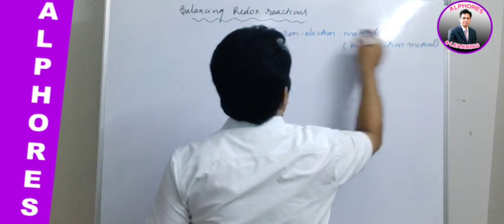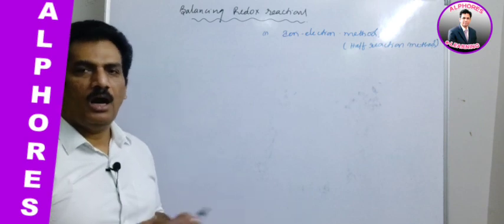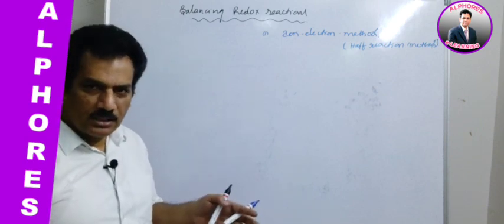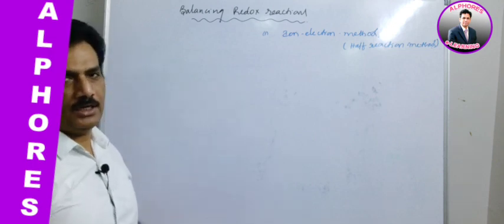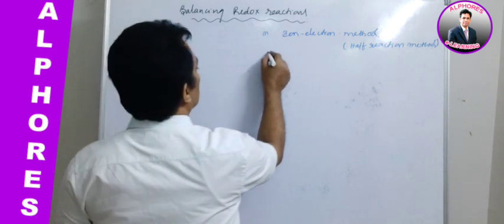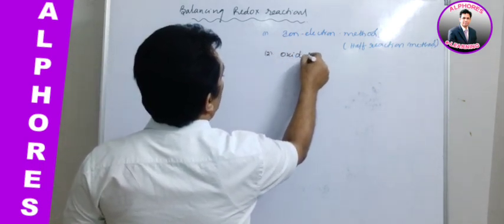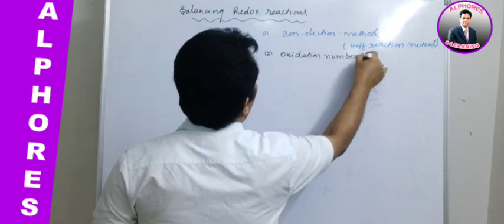Ion electron method, because the balancing process involves the ions and electrons. And in balancing that equation, we are writing half reactions. That's why it is the half reaction method. And the second one is the oxidation number method.